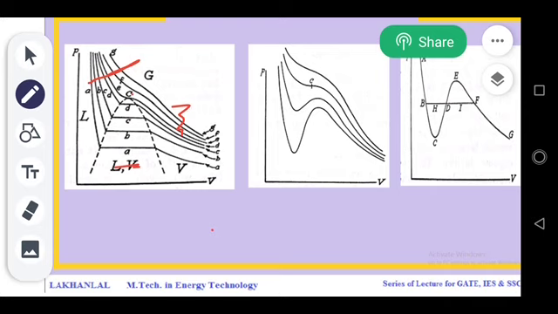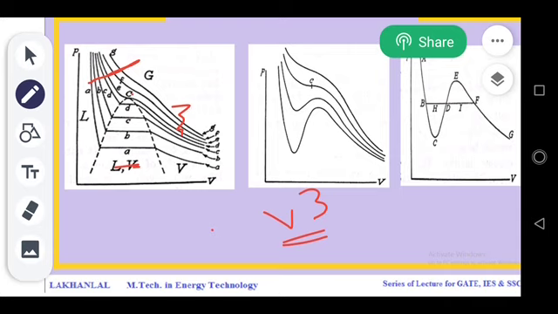But if you are coming to the van der Waals equation of state, the equation we derived from that, which used to be a cubic equation in terms of V, right? We derived just one slide ago this equation in terms of V cube, and in terms of pressure and temperature.